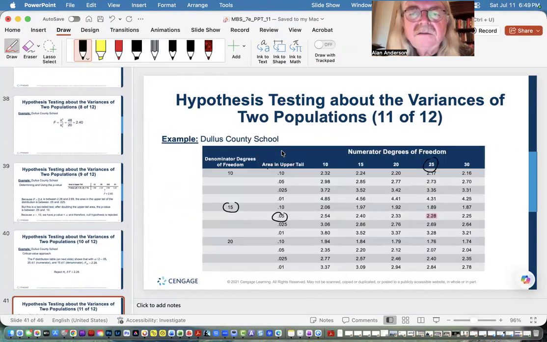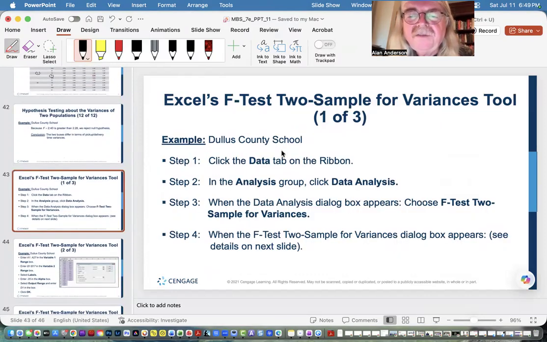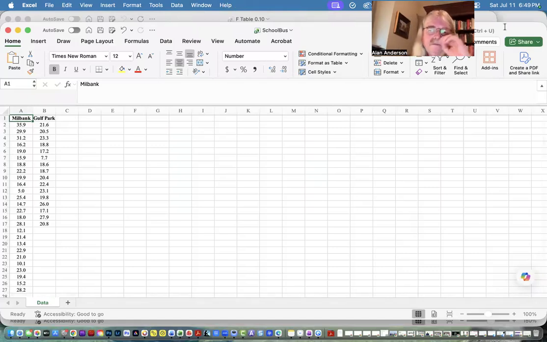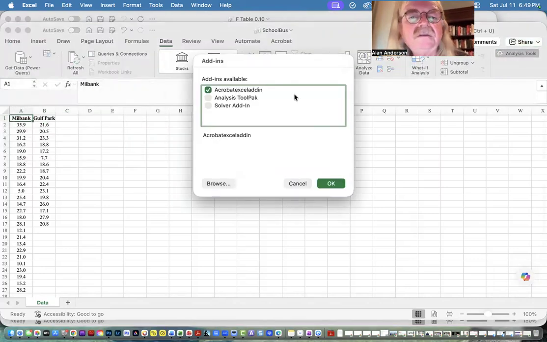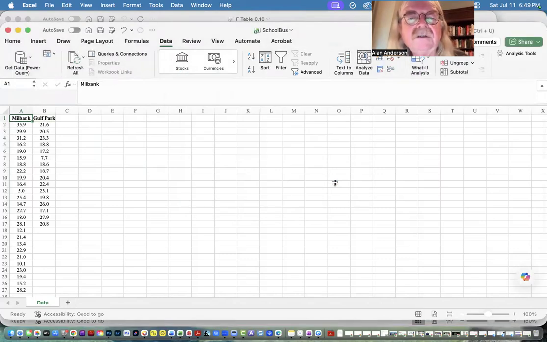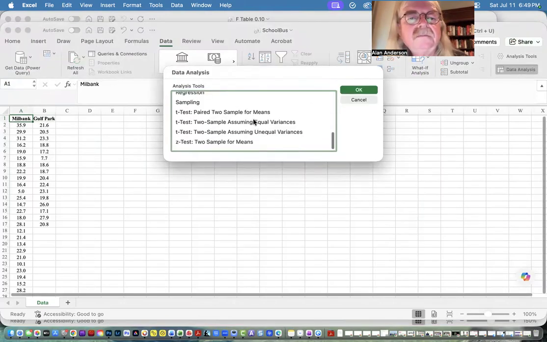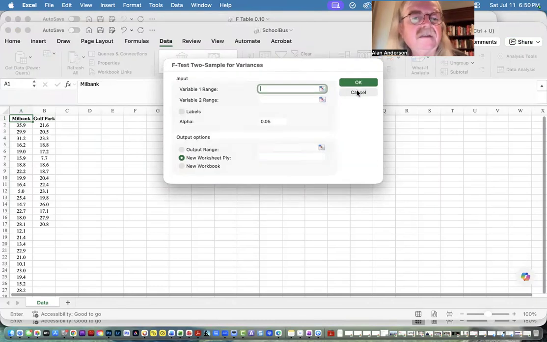So the one that we need is called F test two sample for variances. Okay. So we come over here, data, analysis tools. Oh, mine is not installed. There it is. Okay. There's only one F test in here anyway, so that's easy.